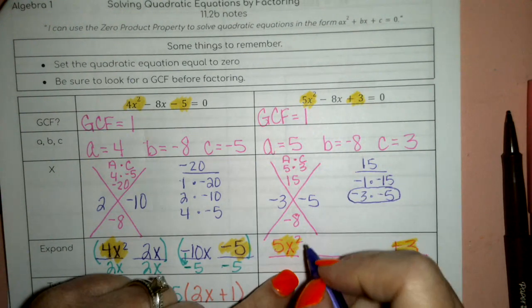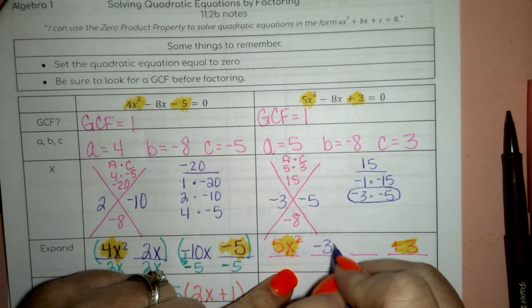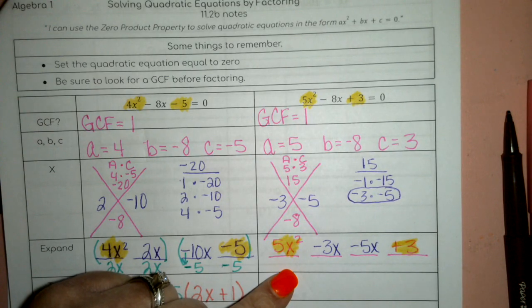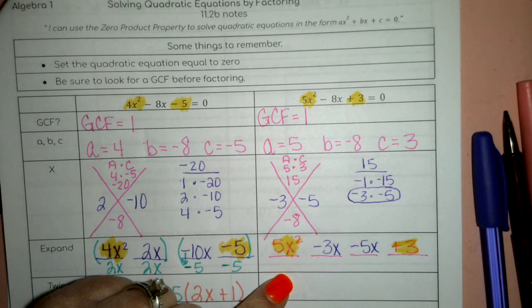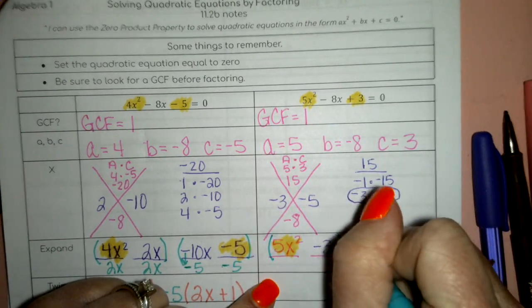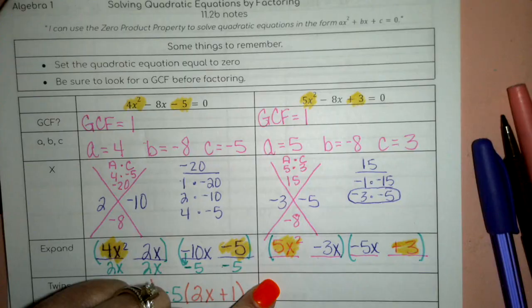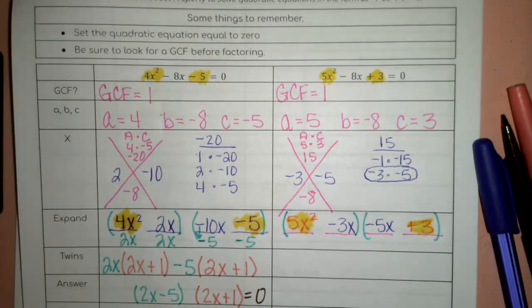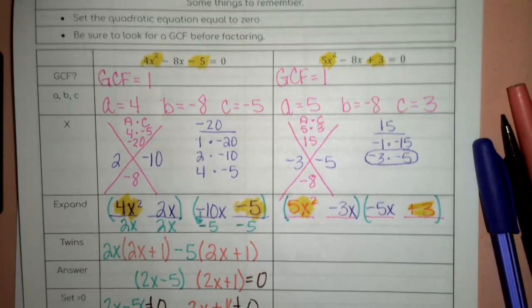And then our middle 2 terms are negative 3x and negative 5x. We're going to factor by grouping, pulling out what the GCF is.